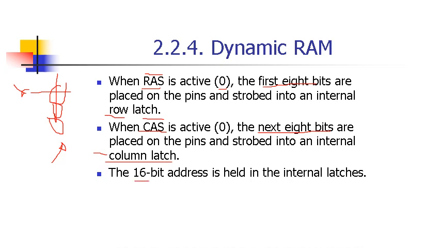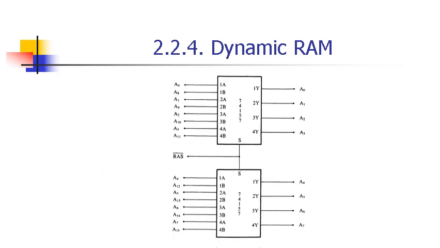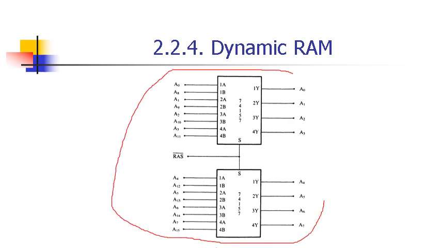So your 16 bits are now distributed between 2 internal latches, each of 8 bits. And the column address strobe pin is used as well for a chip select. Here is a kind of multiplexing of your address pins.